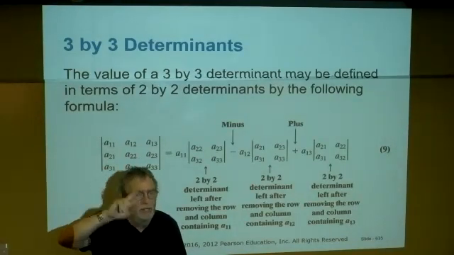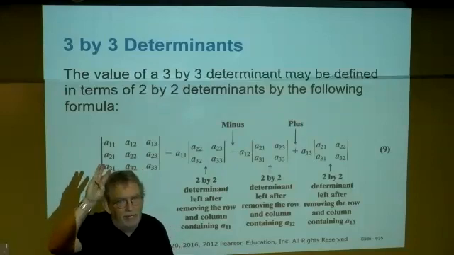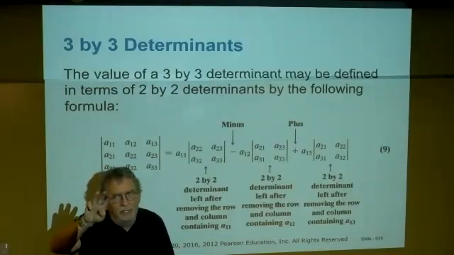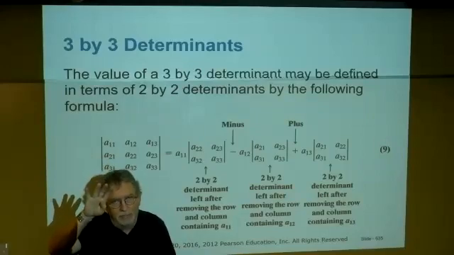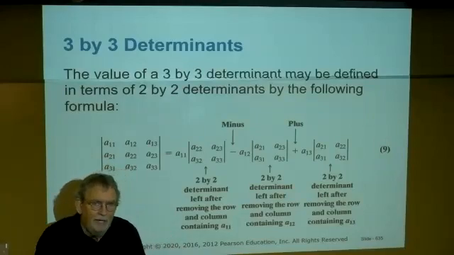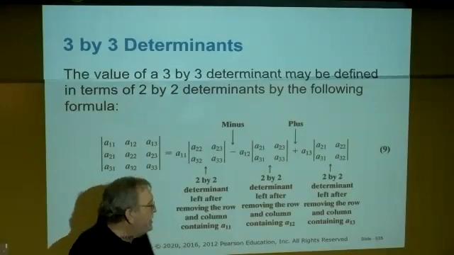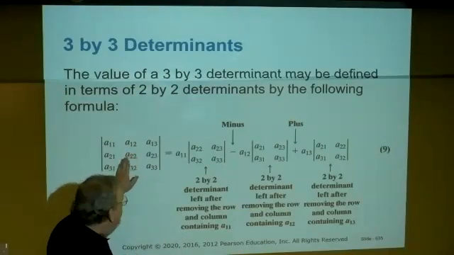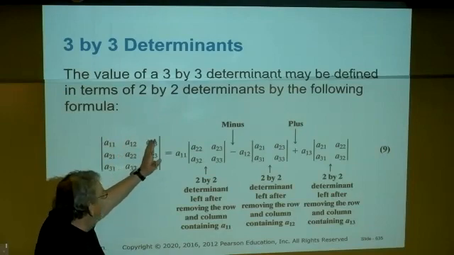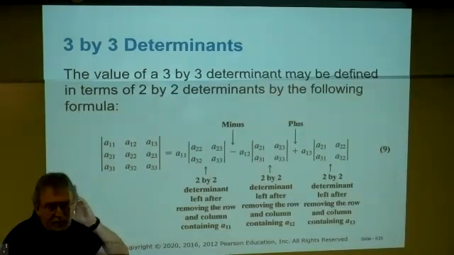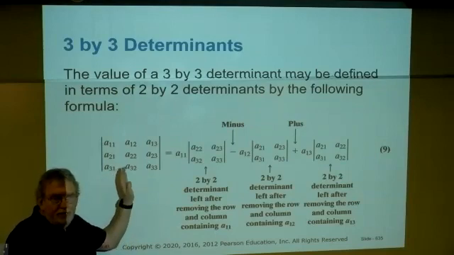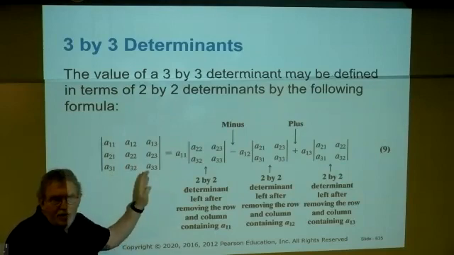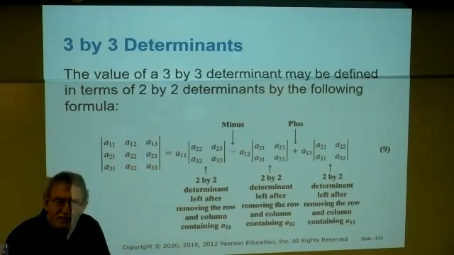So just like with 2 unknowns, you're finding 3 determinants, with 3 unknowns, you're going to find 4 determinants. The determinant of the coefficients, and then replacing the appropriate column with the constants to find the appropriate d sub x or d sub y or d sub z, because now you're dealing with x, y, and z.